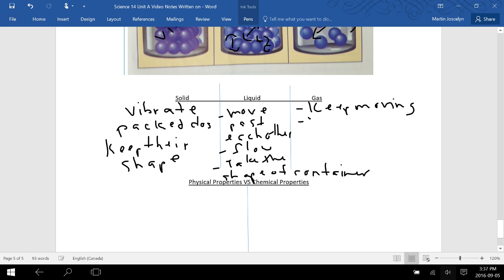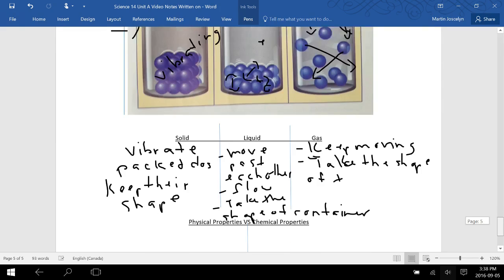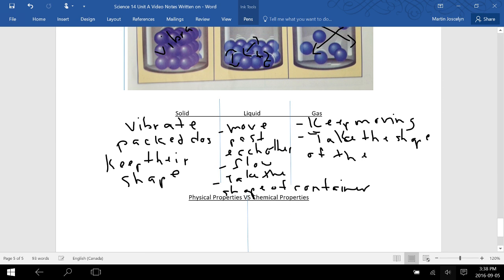They'll also take the shape of their container. Okay, there's the particle theory of matter with solids, liquids, and gases.